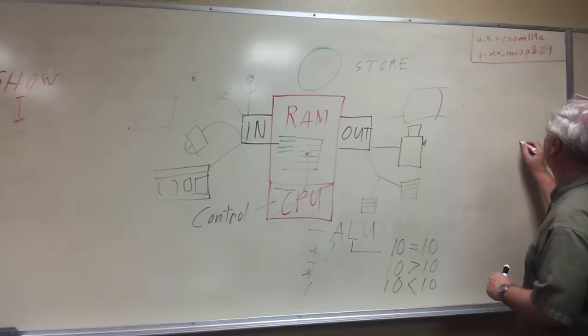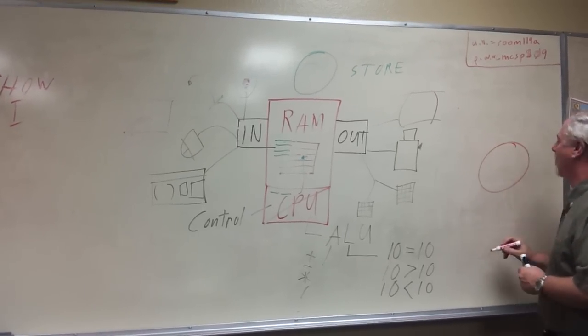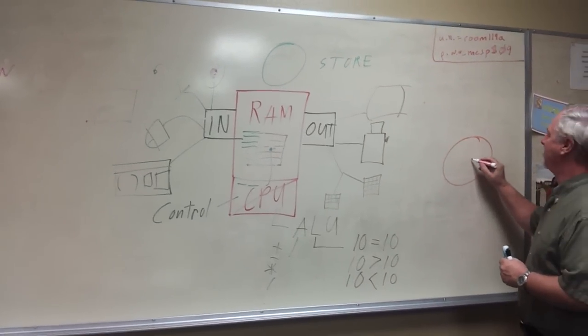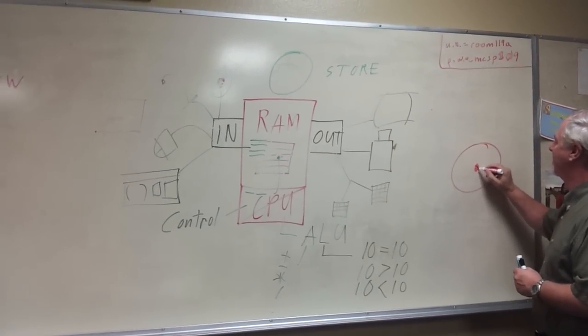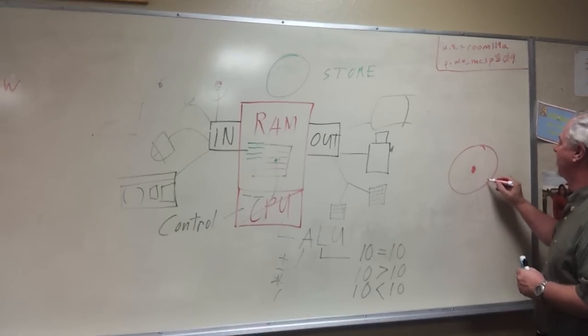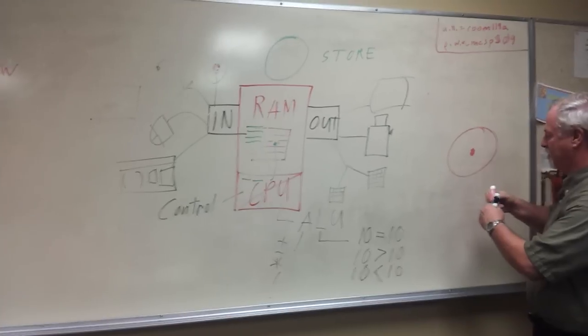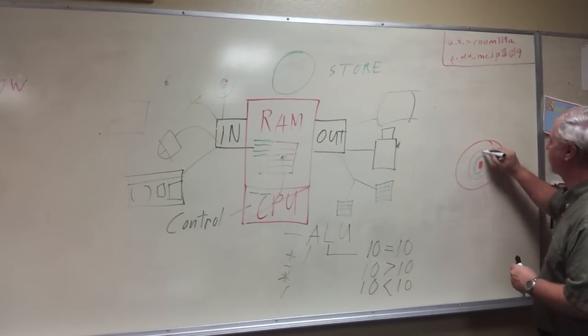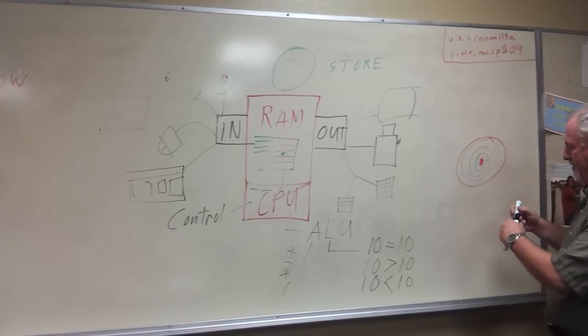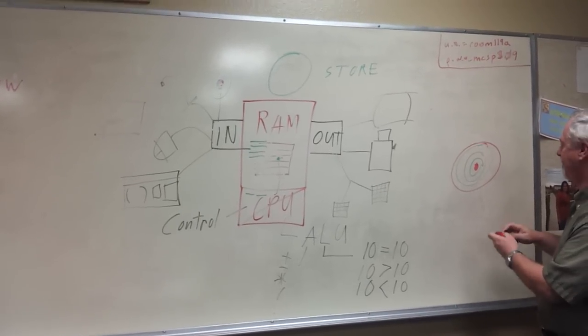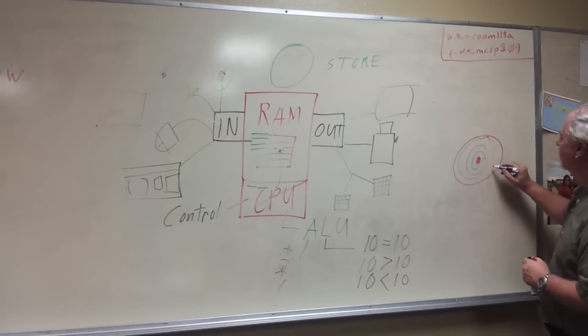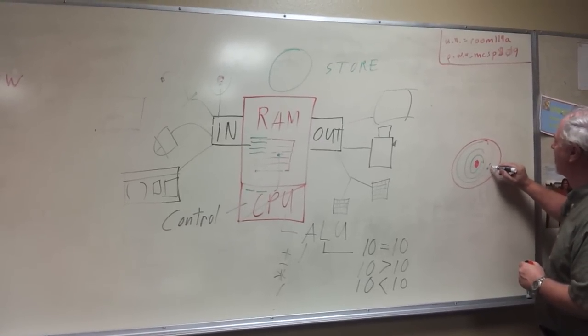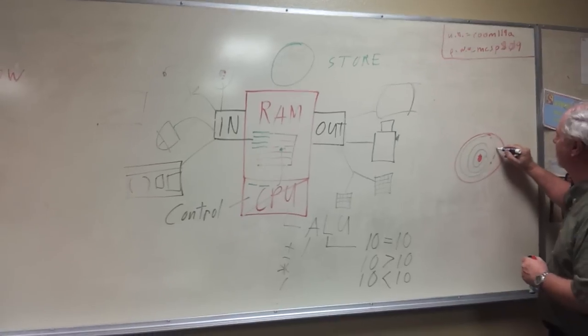We have magnetic devices, where we use a little electromagnet to put a spot on concentric circles of our platter. So we say spot, no spot, spot, no spot, spot, spot, no spot.